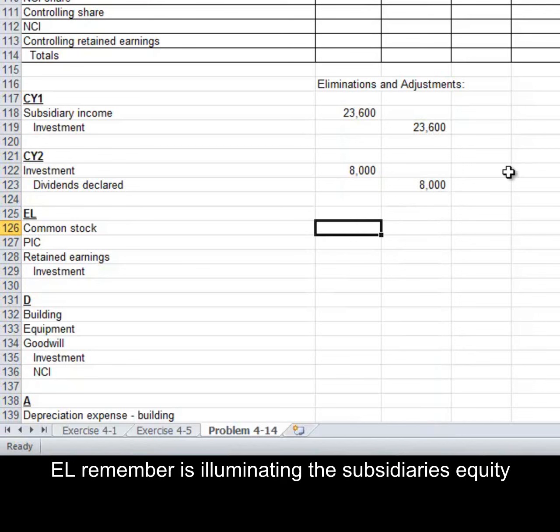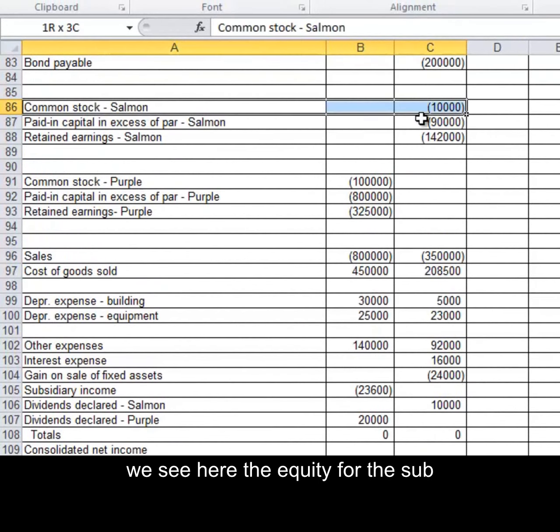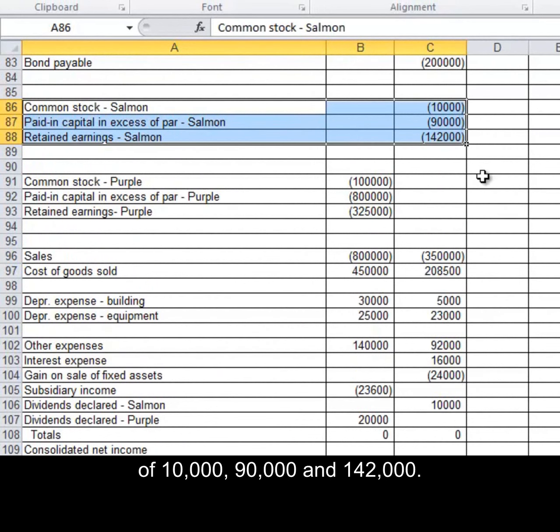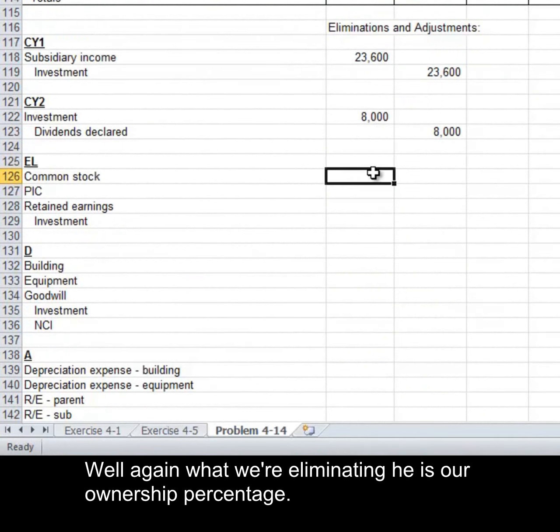EL, remember, is eliminating the subsidiary's equity. So again, if we scrolled up and looked at the equity, we see here the equity for the sub of 10,000, 90,000, and 142. Well, again, what we're eliminating is our ownership percentage.